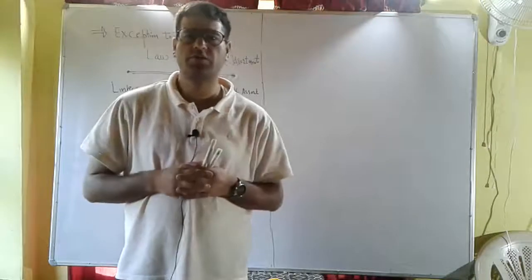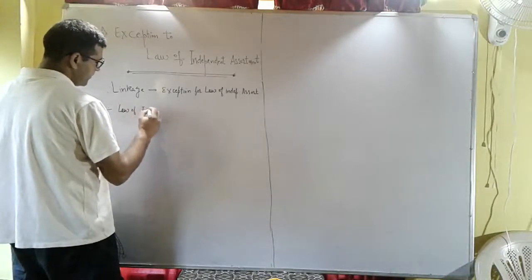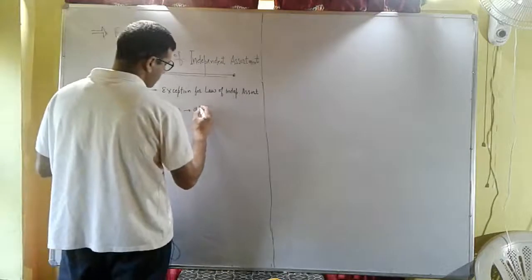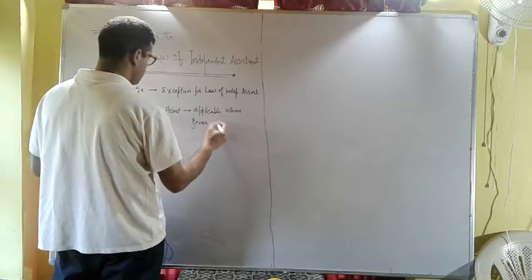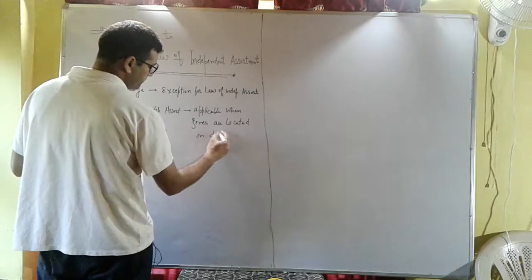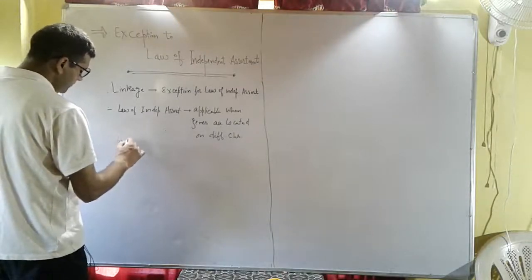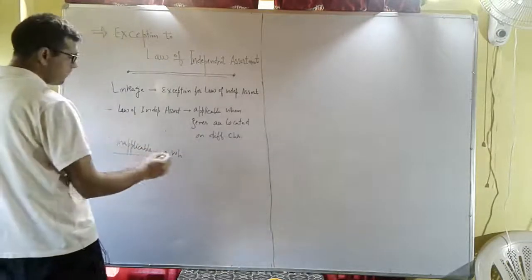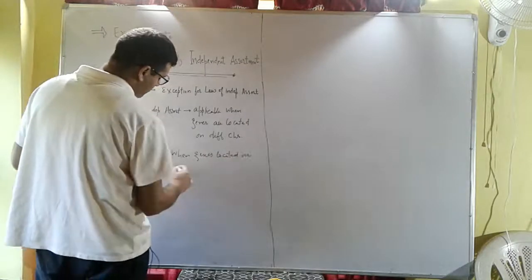If the genes are located on the same chromosome, the law of independent assortment is inapplicable.